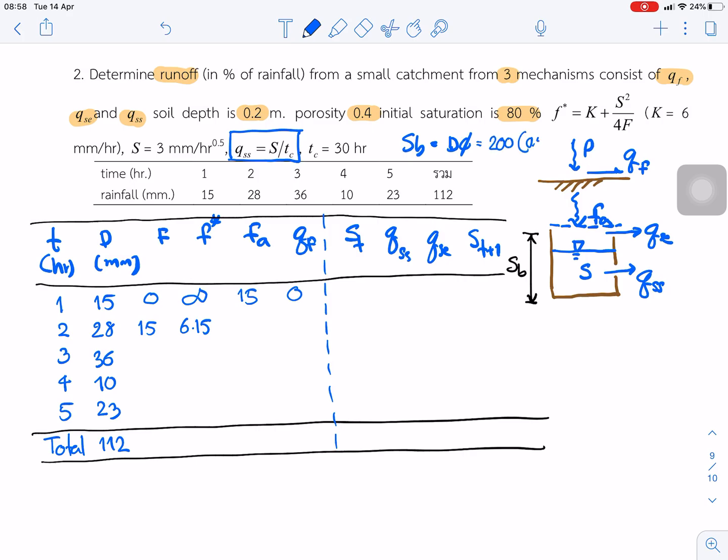SB is 80, but the initial storage is 80% of 80, so it's 64. And QS is equal to 64 divided by 30, so we expect it to be 2.13. For the saturation excess, at the beginning we assume there is no saturation excess.